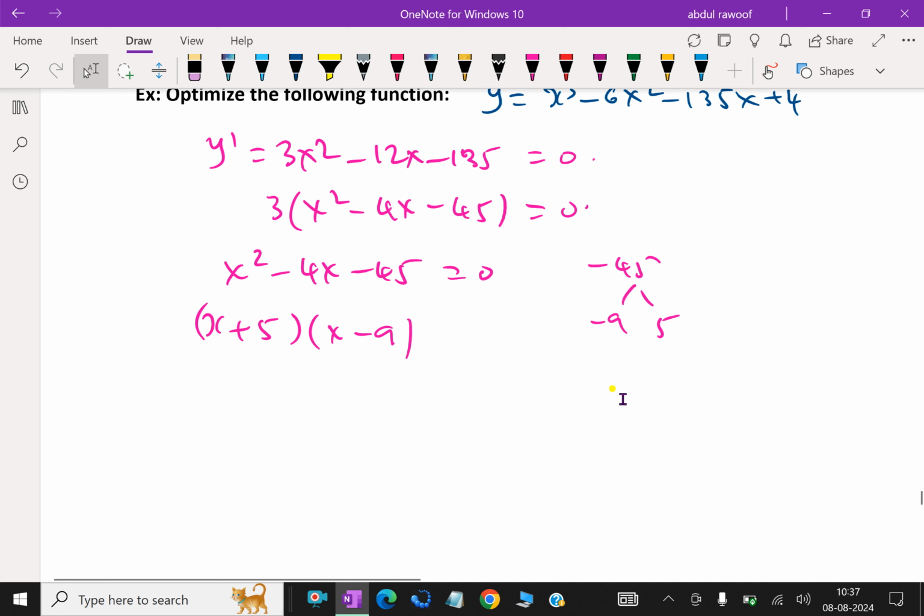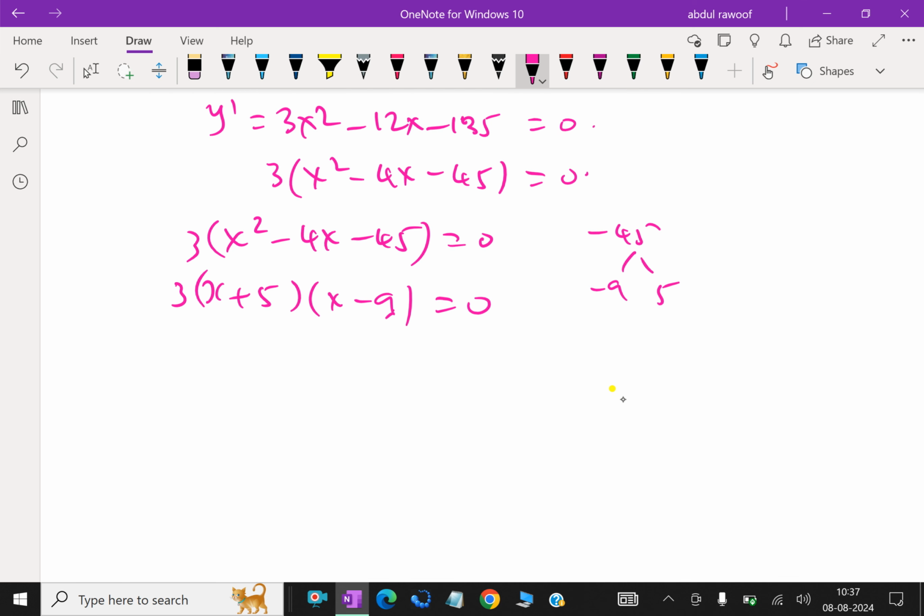In that, this 3 also you can write here, which is equal to 0. Here 3 equals 0 gives no value, so x equal to minus 5 and x equal to 9. These are the critical values.